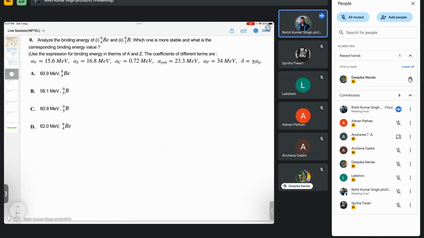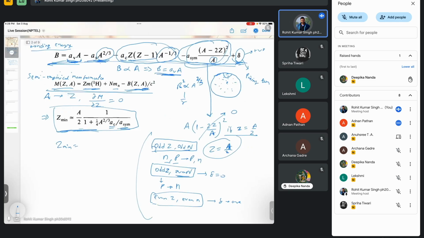Please answer, then accordingly I will proceed. Sir, if binding energy is higher, then that's the more stable one, right? Yeah, that's it. The formula is there, and you can just use this formula.